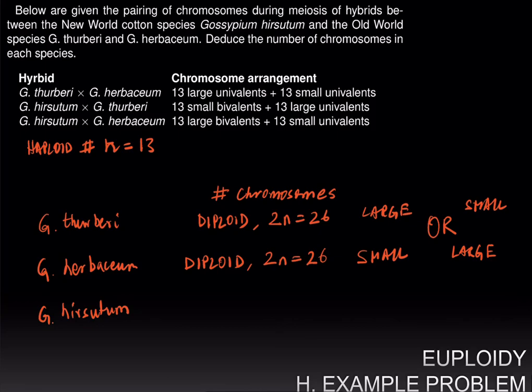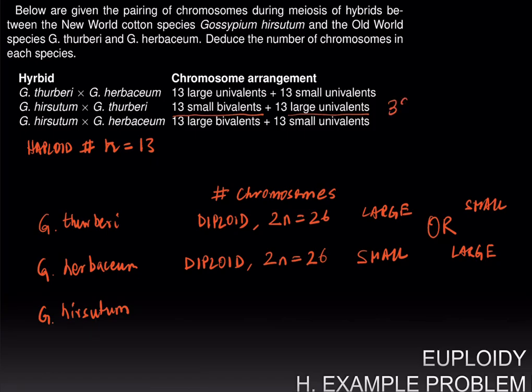Now, if we look at the cross between Hirsutum and Thurberry, or Hirsutum and Herbaceum, what we see is that there are a total of 39 chromosomes. So there are 13 large univalents and 13 small bivalents. And bivalent means 2 chromosomes are paired up. That means there are 26 small chromosomes and 13 large chromosomes.